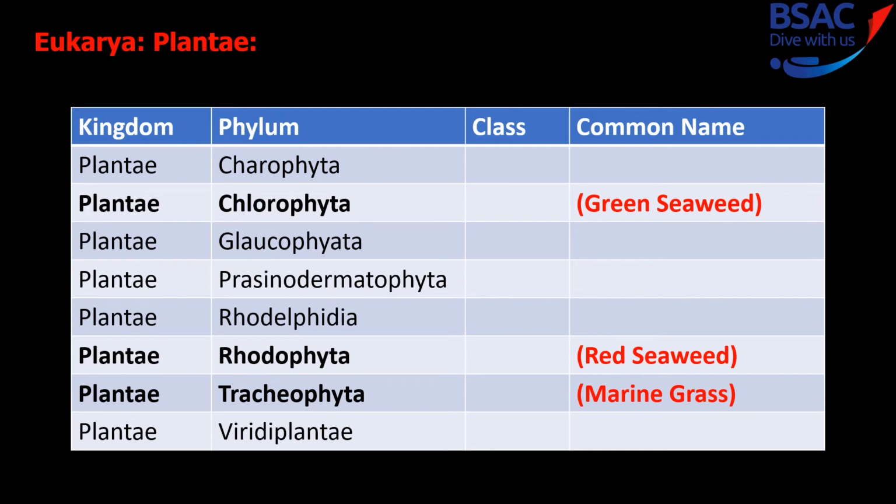The cell walls of green algae usually contain cellulose, and they store carbohydrates in the form of starch. Green algae require lots of light, and hence divers find them higher up in the water column in the supra or upper littoral zone.